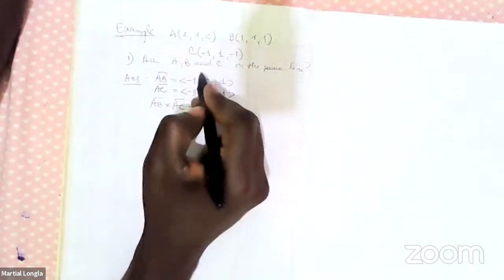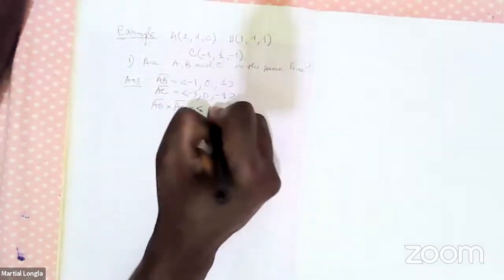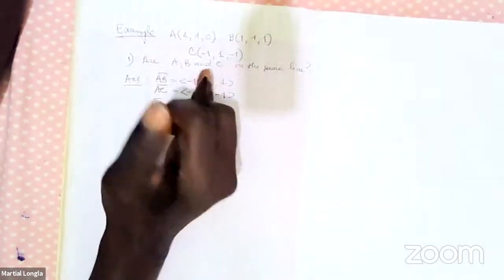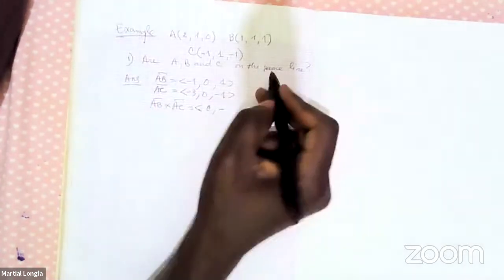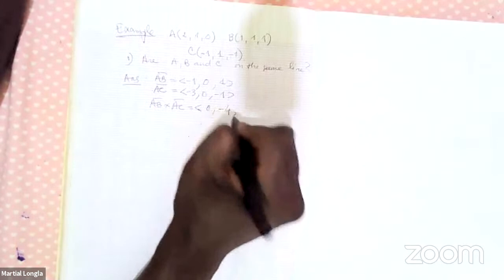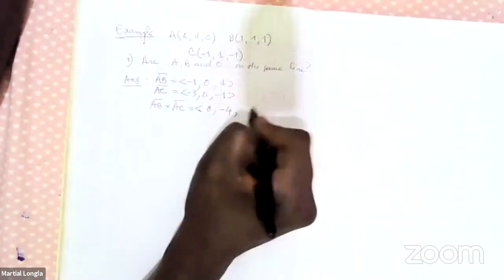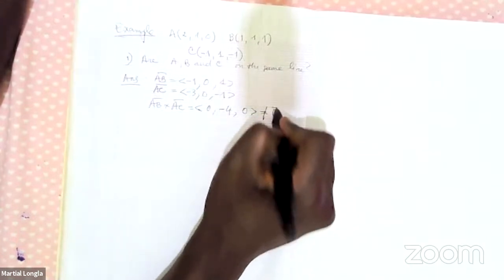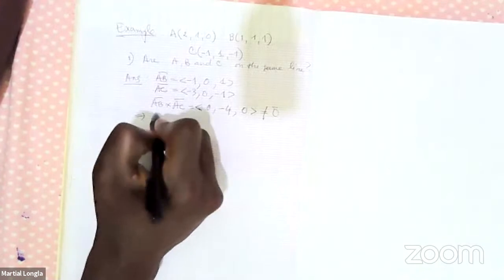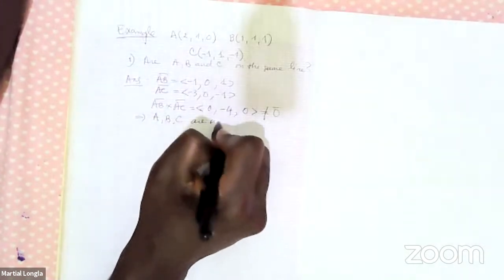AB cross AC, we covered this, and you take that determinant 0. Then minus, you take this out, you get 1 plus 3, 4. So minus 4. It's not 0, so this is already not the vector 0. And then you cover this guy, you get 0. So this is not equal to the vector 0. And that means that A, B, C are not on the same line.